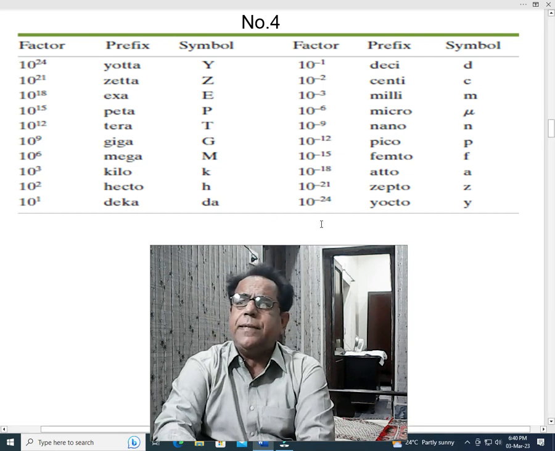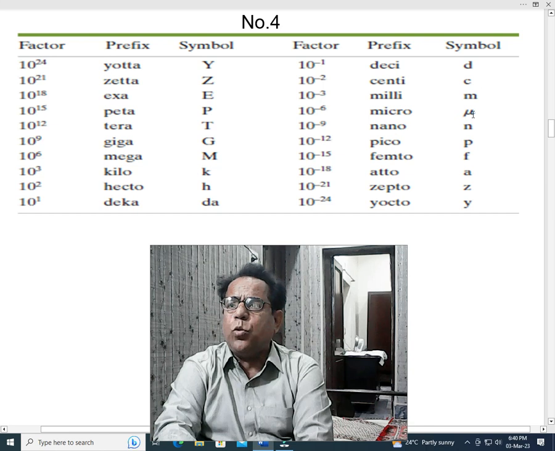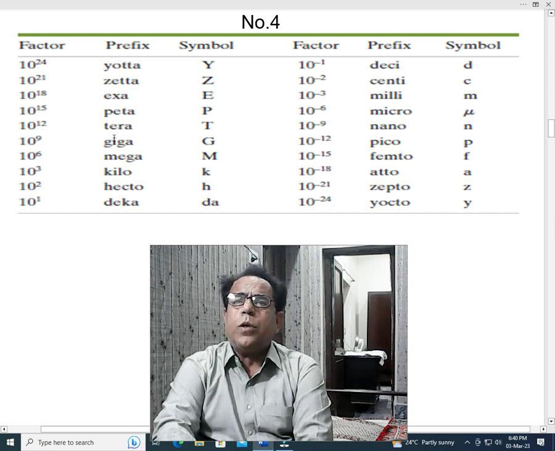Nano, denoted by n, is 10^-9, micro, denoted by mu, is 10^-6, and kilo is 1000, that is 10^3.